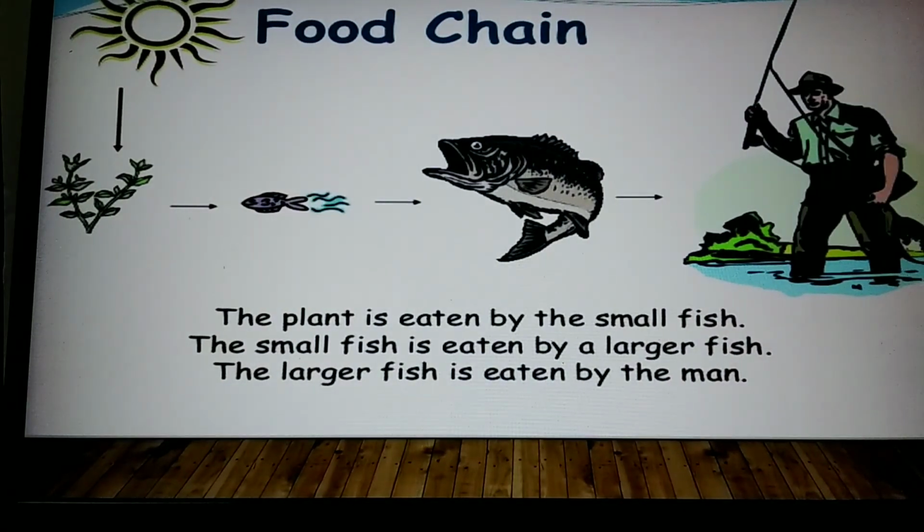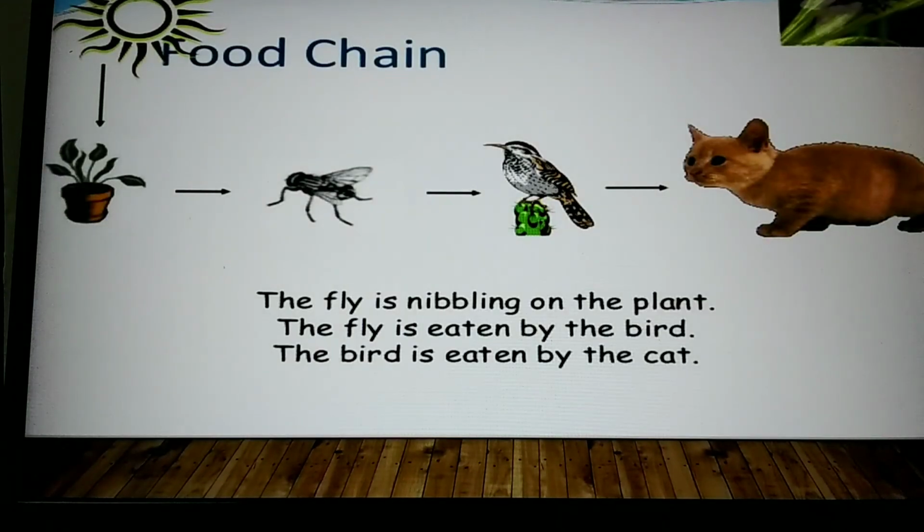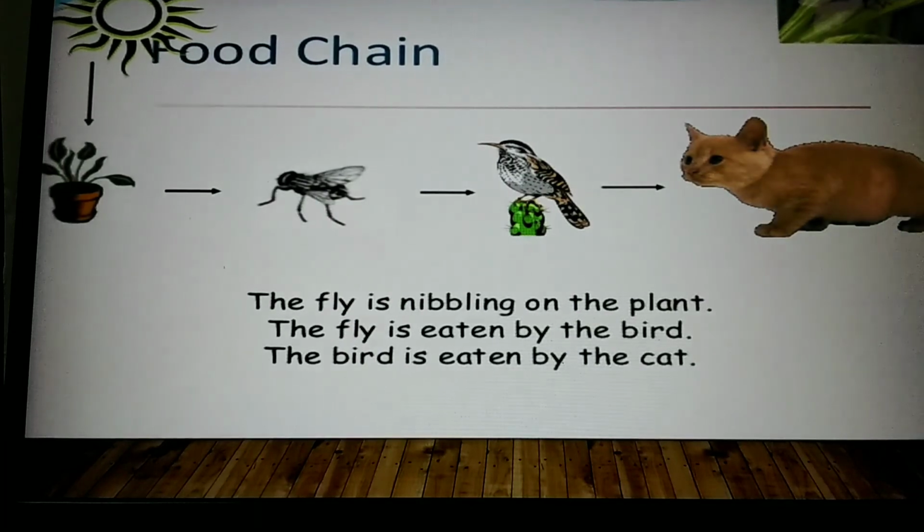Another example: the plant is eaten by the small fish, the small fish is eaten by the large fish, and the large fish is eaten by the man. Another example: the fly is nibbling the plant, the fly is eaten by the bird, and the bird is eaten by the cat.